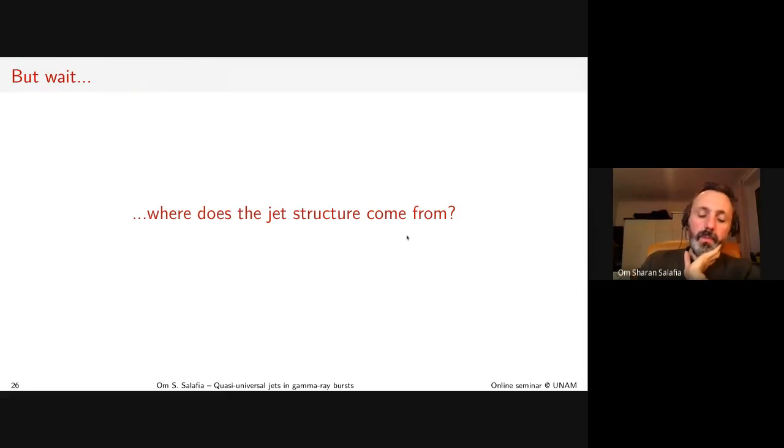So then one can be happy that there is probably, maybe, possibly a way to unify these sources by assuming a jet structure. But then one must explain where the jet structure comes from.